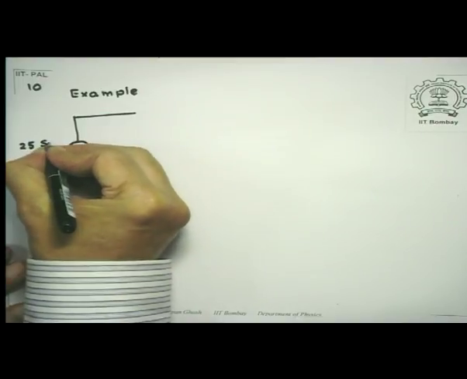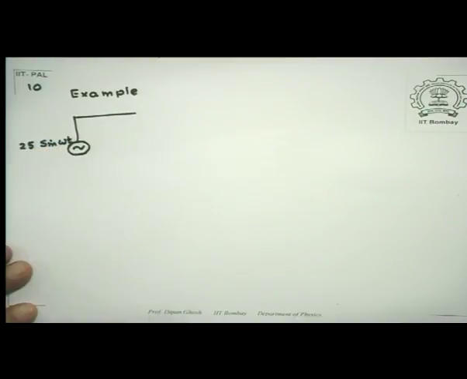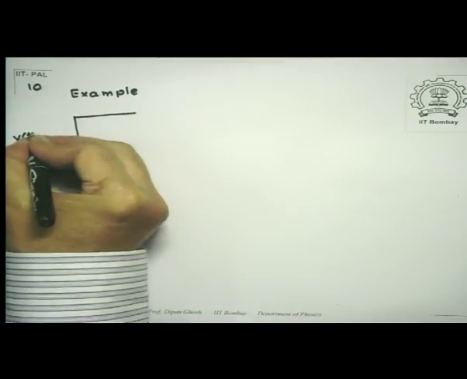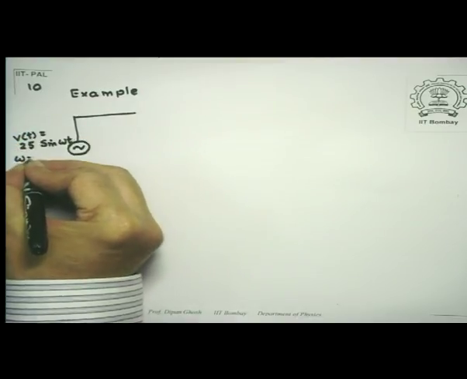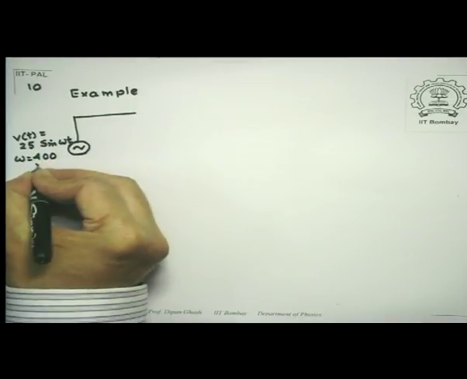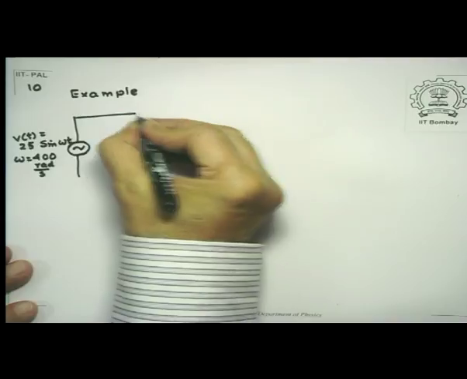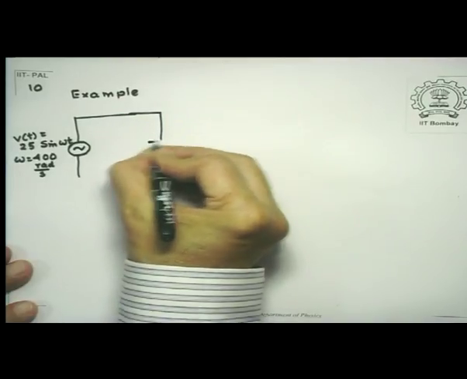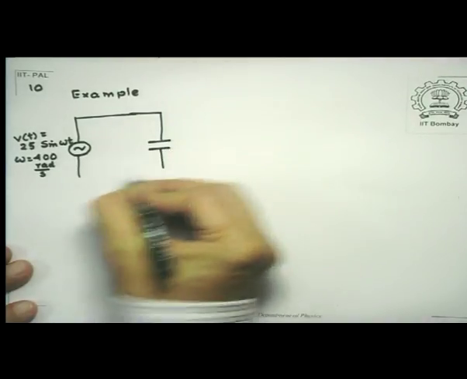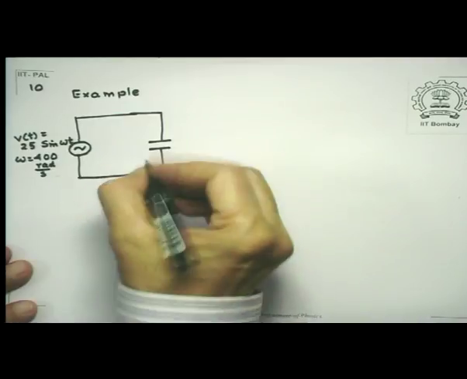So 25 sine omega t was my variation. This is V. Omega was 400 radians per second. And here I have connected it to a 10 microfarad capacitor.